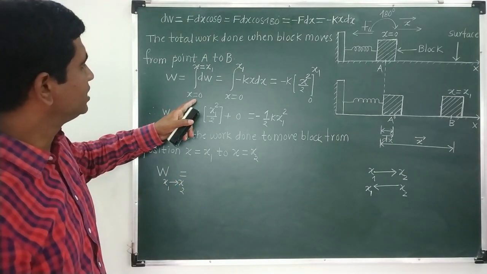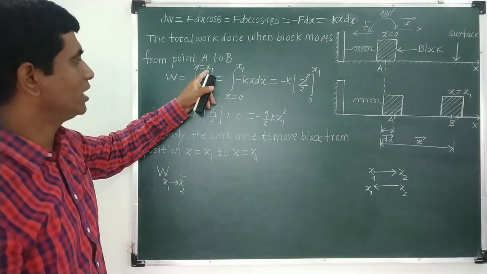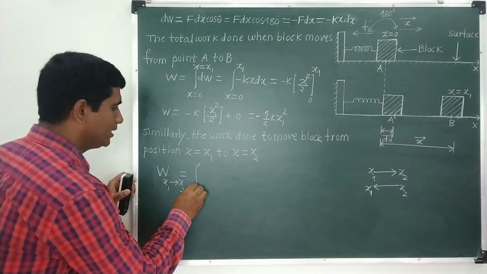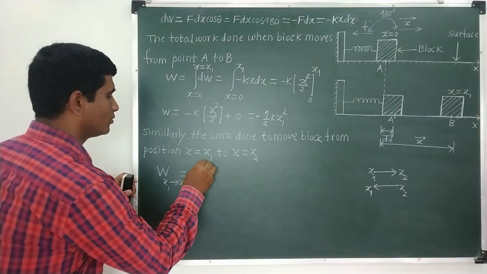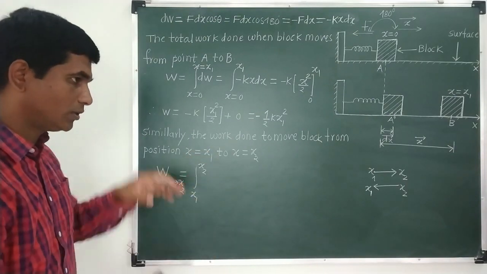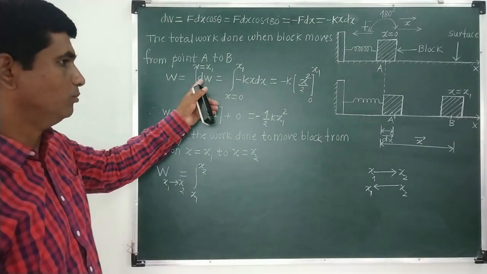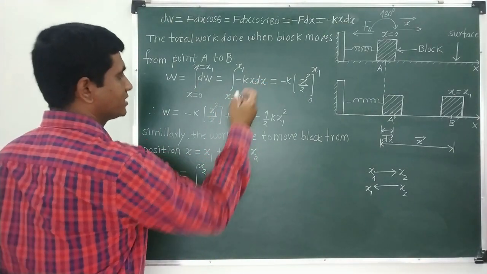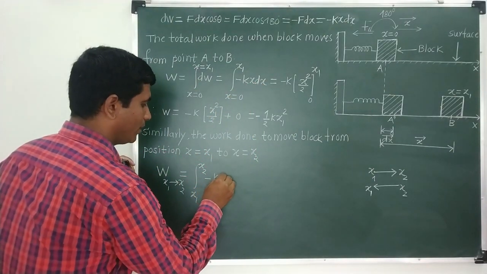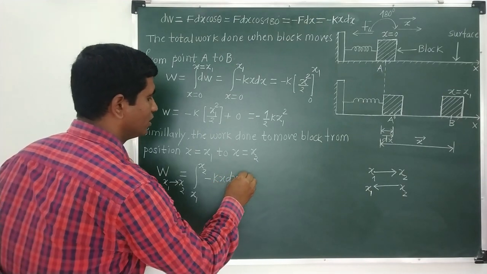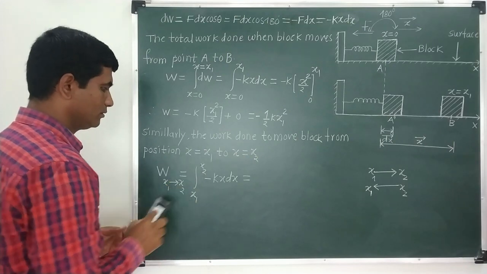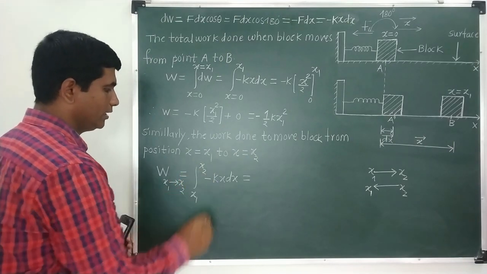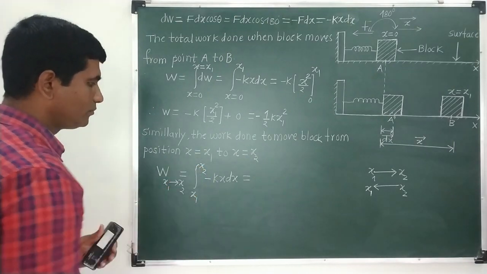So instead of the integral from x equal to 0 to x equal to x1, my integral will now be from x1 to x2 of dW, which is minus kx dx. We can rewrite this.